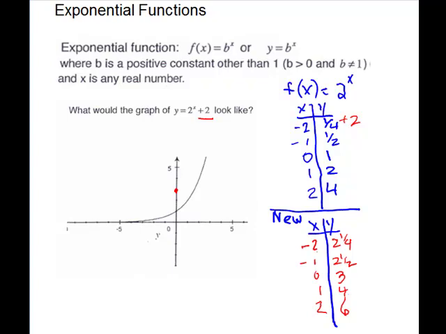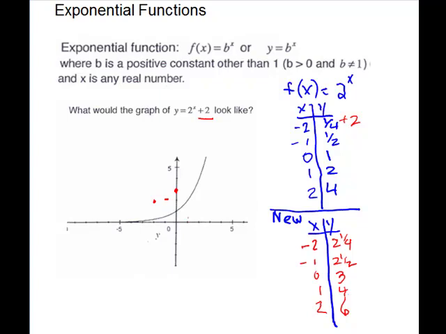So I have negative 2 and 2 1/4. It's going to be about right there. Negative 1, 2 1/2, a tiny bit more. I did the 0, 3. That one was easy to move because it was at a whole number. 1, 4.